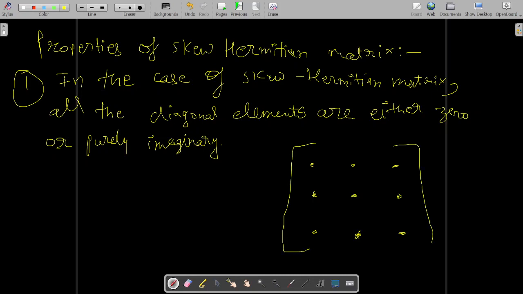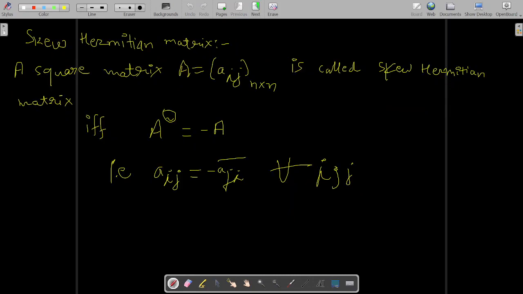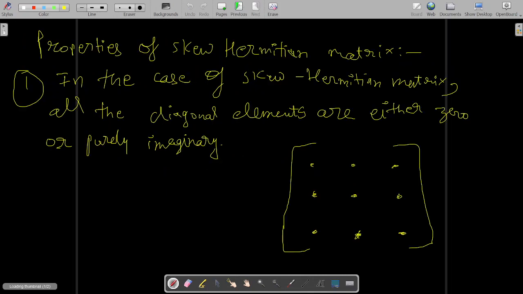So in case of a skew Hermitian matrix, all the diagonal elements, meaning these elements, are either 0 or they are purely imaginary.